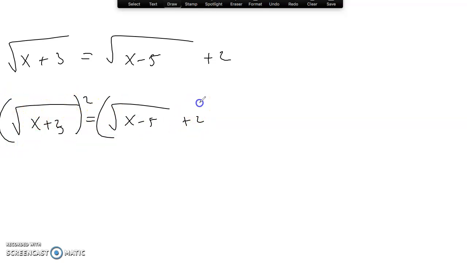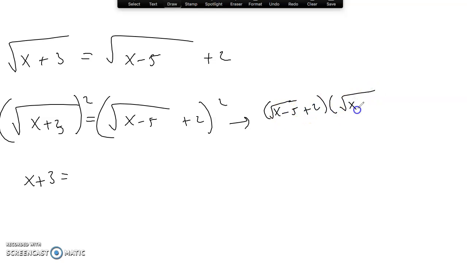So I'm going to square both sides. So now what happens here is it cancels out on this side, and on this side I technically have the square root of x minus 5 plus 2 times the square root of x minus 5 plus 2.